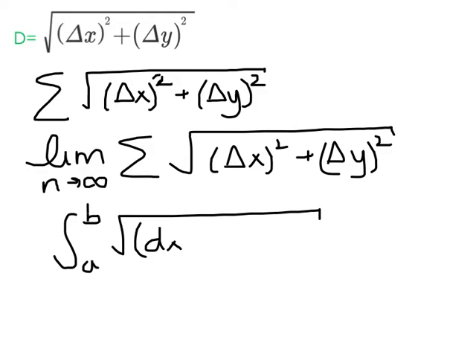So I'm going to convert my delta x's to dx's and my delta y's to dy's. So this is what I'm working with. Now, this integral isn't complete because it doesn't have a differential at the end, and we solve that by manipulating this a little bit.